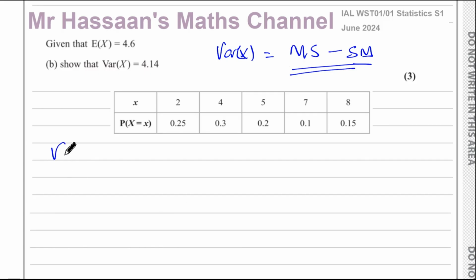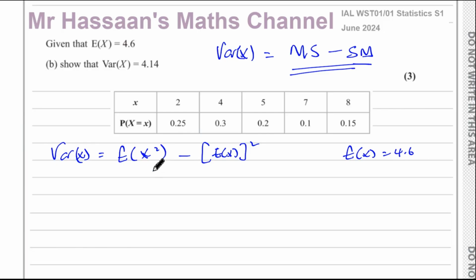So the variance of X is equal to E of x squared, the expected value of x squared, that's the mean of the squares, minus the square of the mean, E(X) all squared. We know E(X) is 4.6, so that will be something minus 4.6 squared. We've got to find the expected value of x squared.